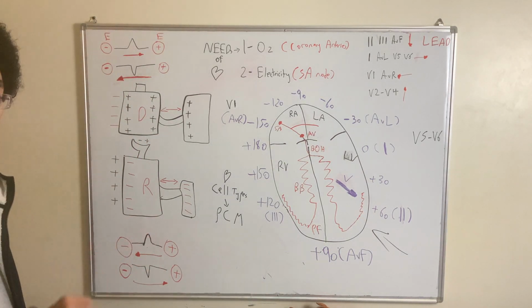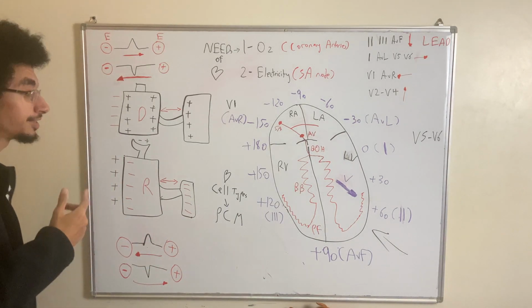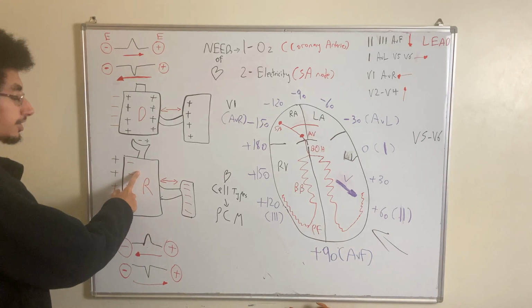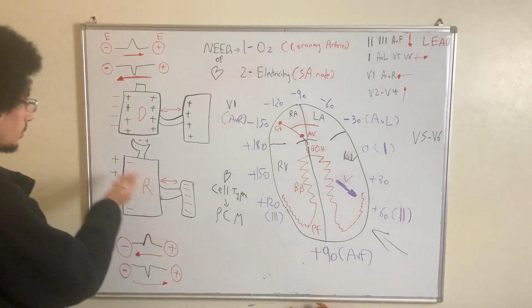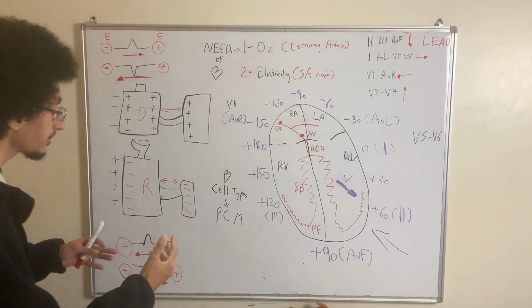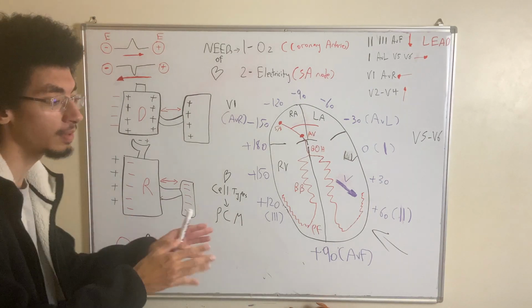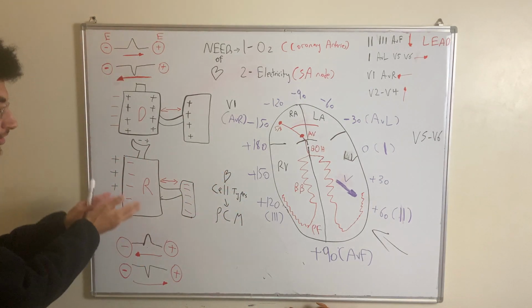Now, this is depolarization. What about repolarization? The same concept, but in reverse. In repolarization, the positive cations inside of a cell, specifically potassium, will go from inside to outside. And thus, the inside of the cell will go back to its previous normal state, which is negatively electrically charged.